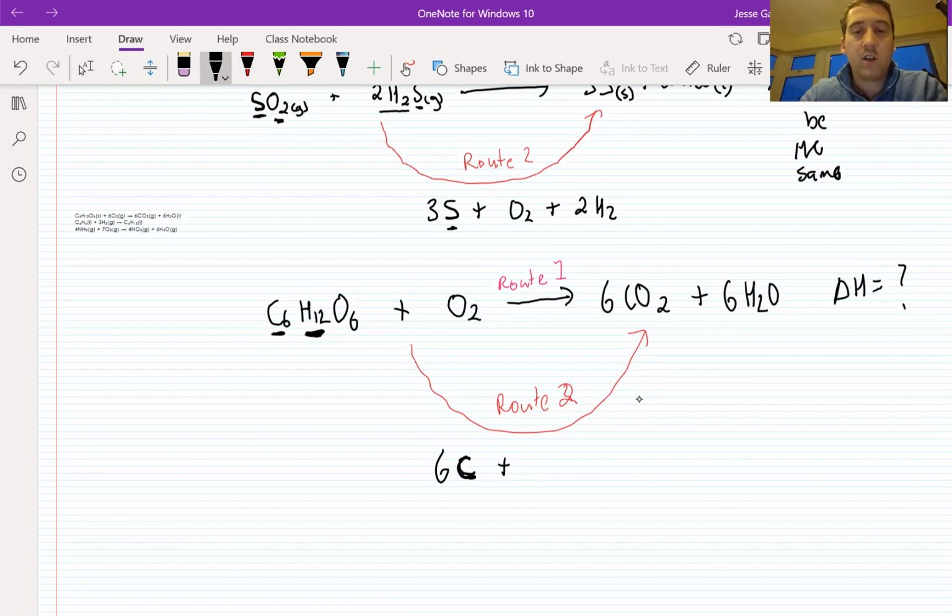If hydrogen is H2, I've got 12 atoms of hydrogen altogether, so that means I have 6 H2s. Plus, I've got oxygen, and oxygen is a diatomic, so it's O2. And how many have I got altogether? I've got 6 there, and 2 more there, so that's 8 altogether.